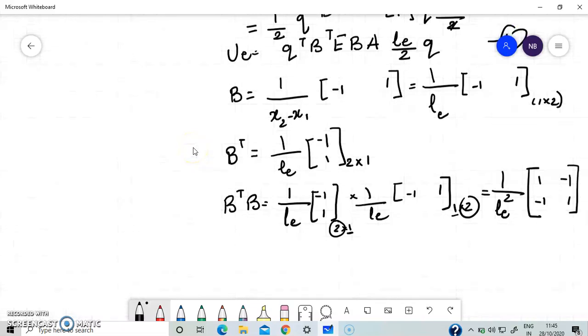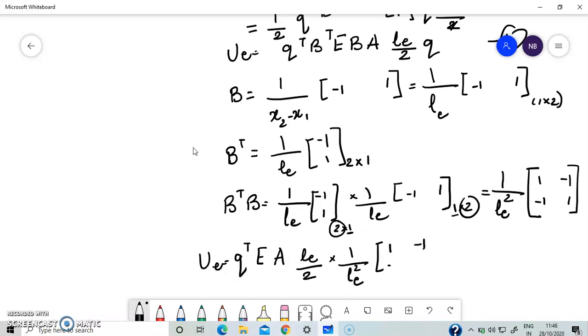Now we can substitute it in the equation of strain energy. So we get q transpose Young's modulus, A is the cross-sectional area of the bar, and B transpose B is what we have just obtained, multiplied by q.